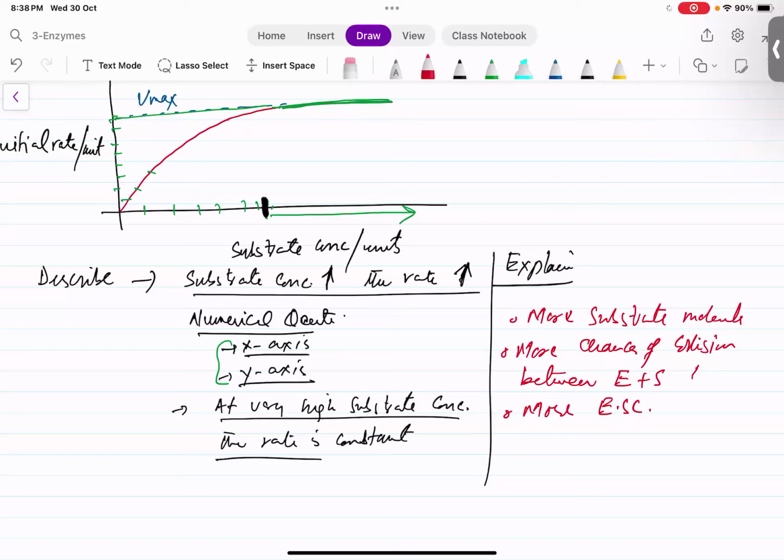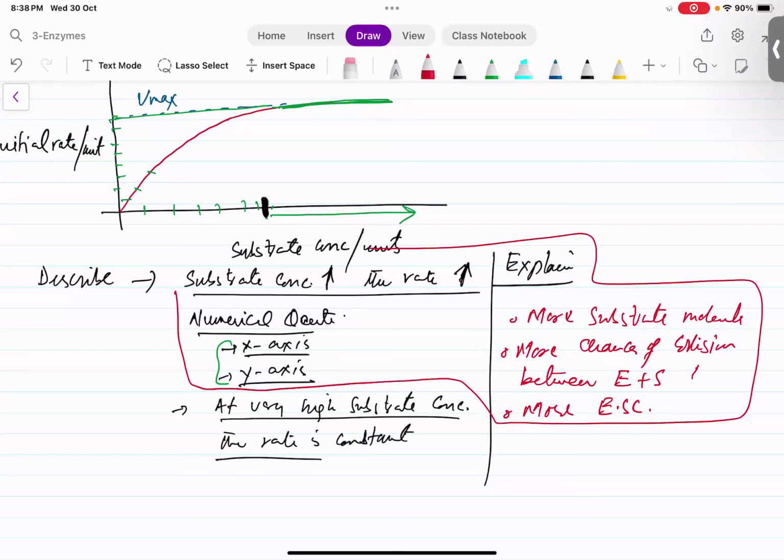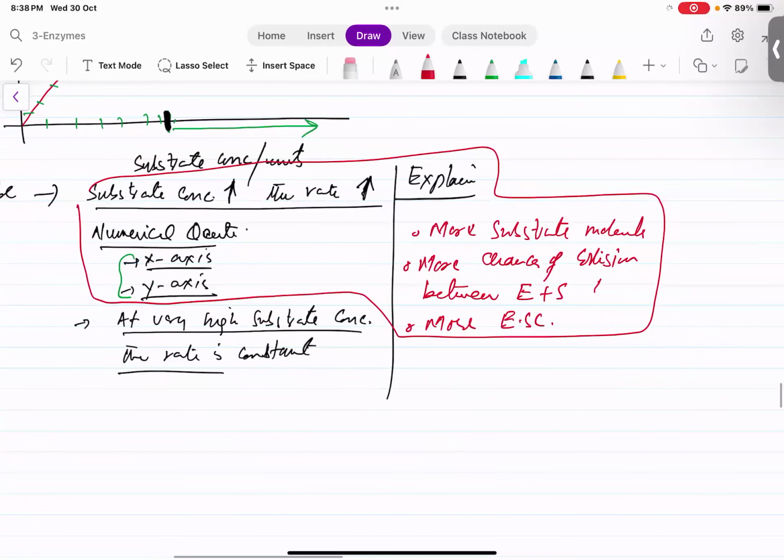So this first point can be explained this way. But why then does it level off? Why does it become constant, even if the substrate concentration is further increased?